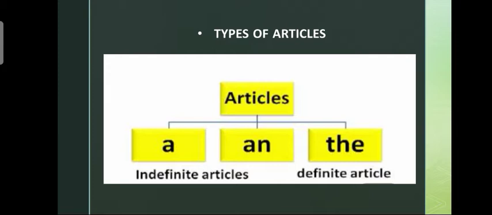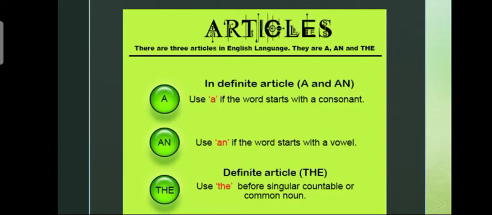A and an are indefinite articles, whereas the is definite article. Let us now understand how these articles are used in English language.